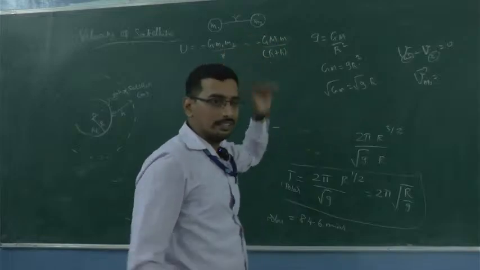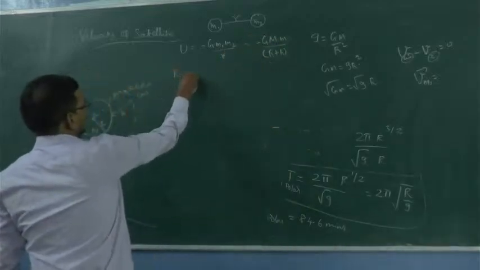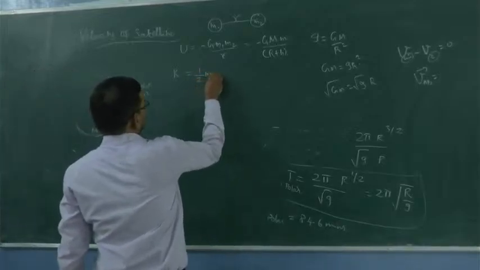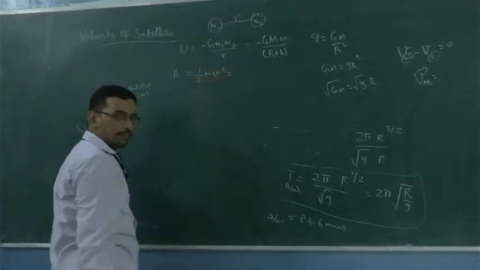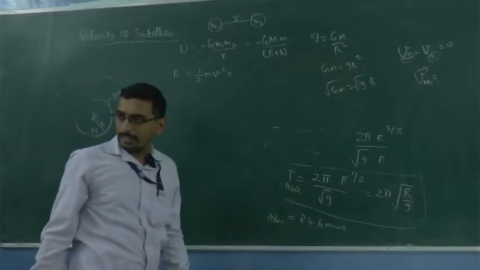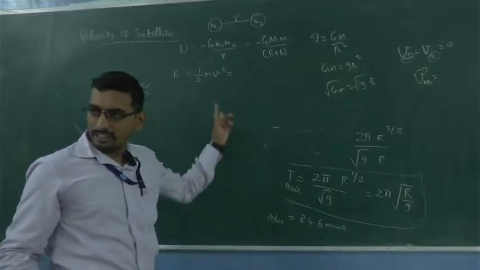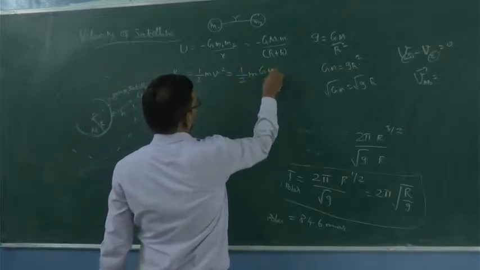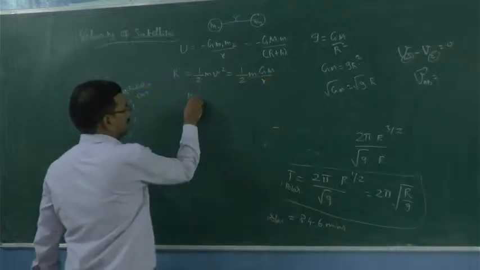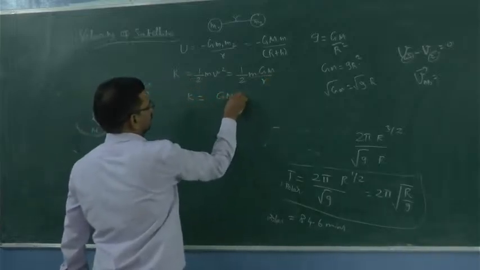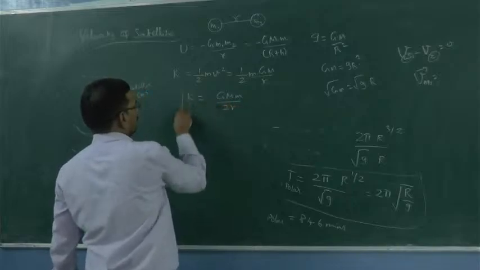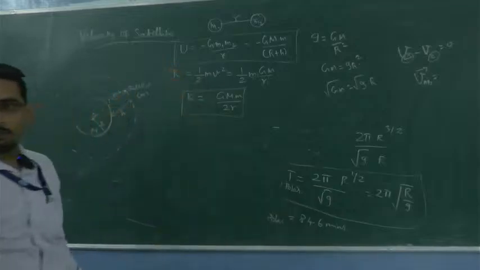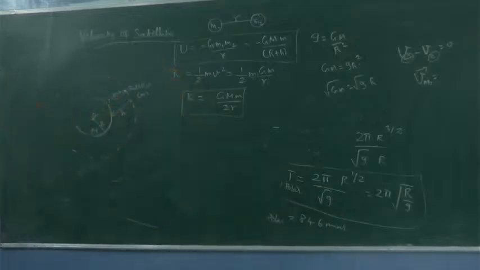Let us update it. Next, we are going to calculate kinetic energy. Kinetic energy general formula: half mv square. What is v? Velocity of satellite, formula root over Gm by r. Here we need v square, so what will come? Gm by small r. Again, kinetic energy formula is G M m by 2r. Now compare kinetic energy and potential energy. Potential energy is in minus, whereas kinetic energy is in plus.